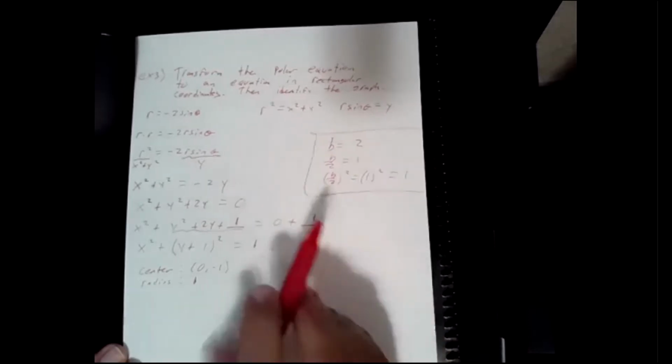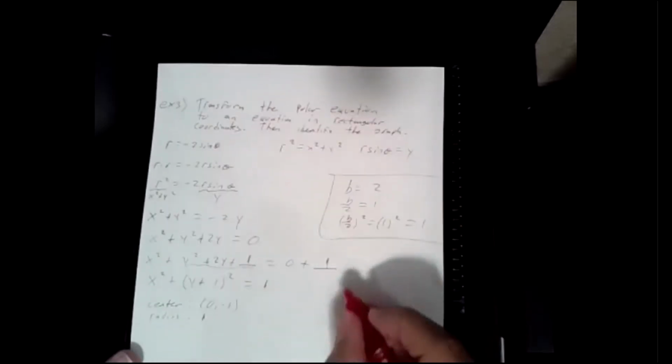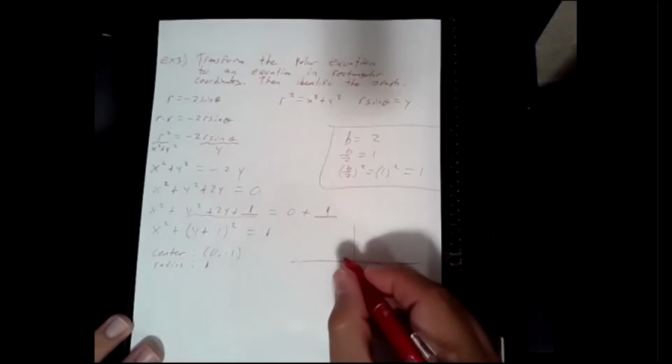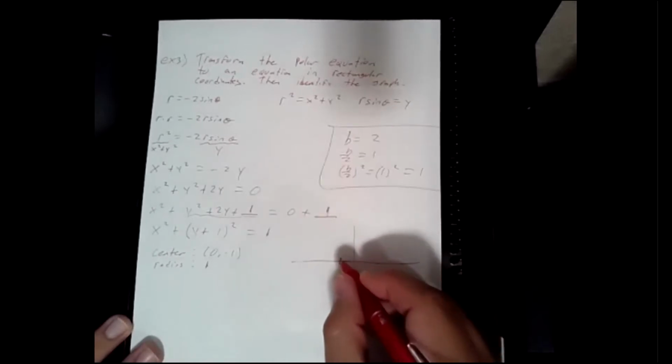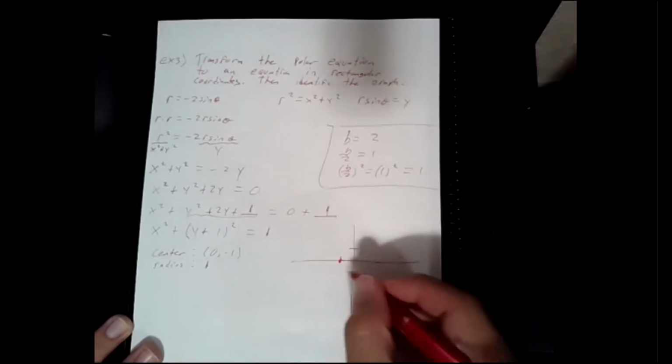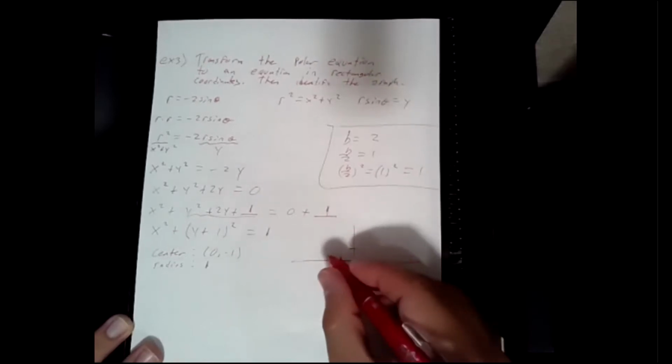So the question asked for us to transform it, which we did, and then identify the graph. So it is a circle, with center 0, negative 1. So where's negative 1 right here? That's the center, and it goes out at most 1 in every direction. It's y is negative 1, not x. Ah, you're right.